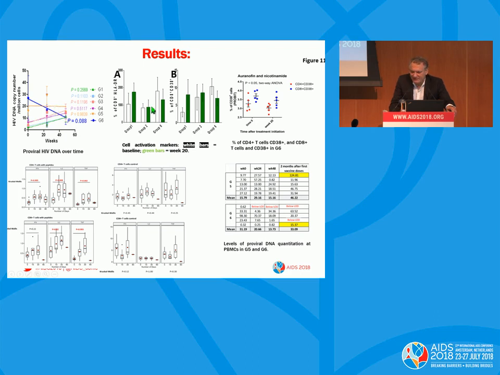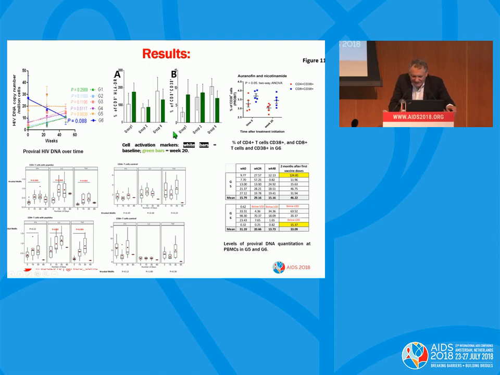The other important feature is that we have checked for inflammation and cell activation at baseline and at week 20, which is the maximum effect of auranofin. And we show here group 1, the patients that got the same treatment. Group 2 had the intensification only with dolutegravir and maraviroc, because we have that effect of maraviroc in decreasing cell activation.